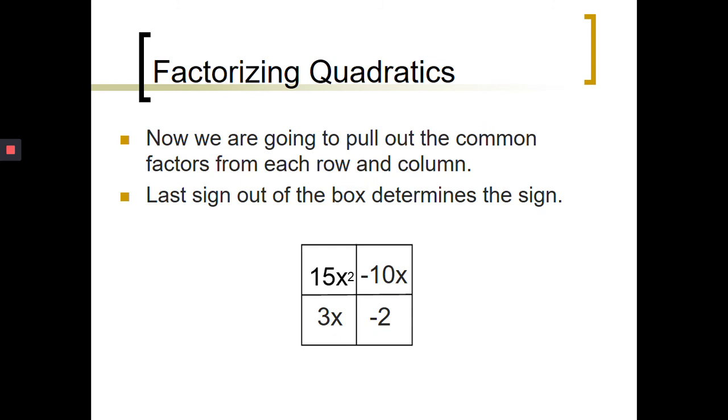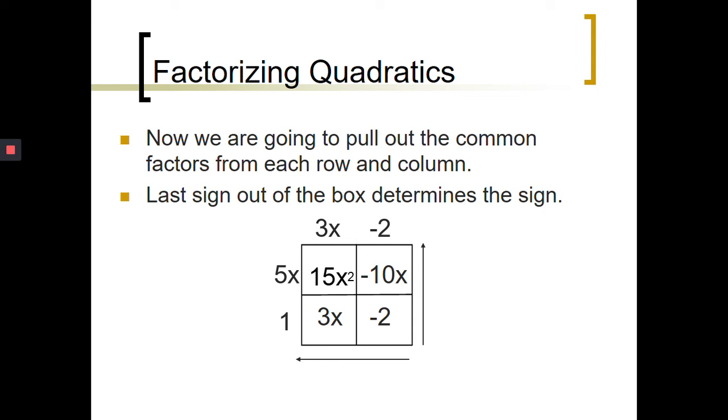Alright, now we are going to do what we have been doing for the past two lessons that we did last week. We are going to determine what the GCF of each pair of terms is as we go around the box. So we are going back to what we are accustomed to.